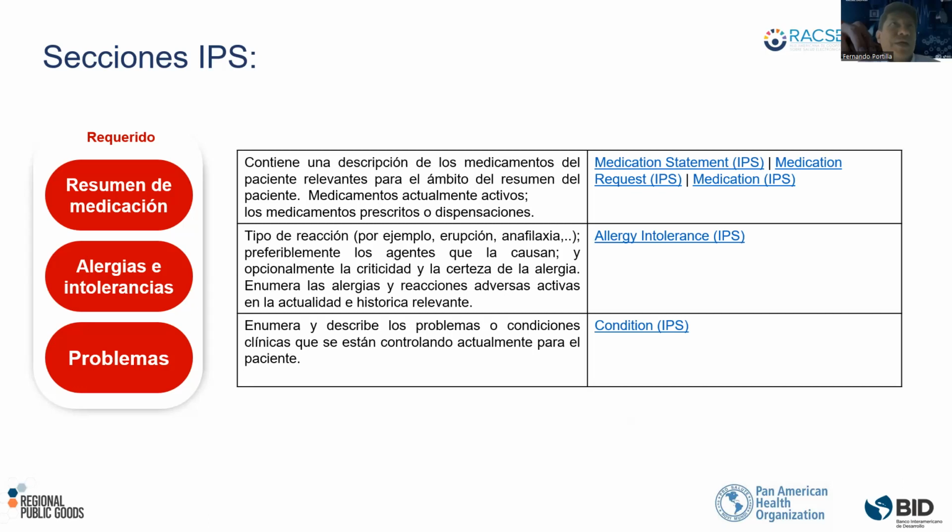When we talk about the patient's medication, these could be the medications that are being requested, or the medication that the patient has taken, or the medication that the patient has been prescribed, and it has different types of modeling. So on the right-hand side, we don't always model according to just one unique resource. We have a section, and we can have more than one resource related to it.